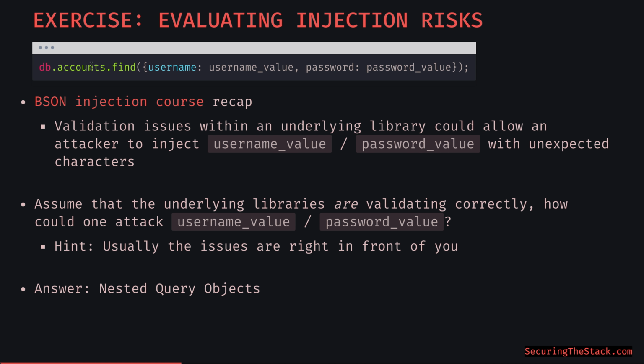So the answer here is nested query objects. We know that this is a query object, okay? So what if username value would accept another query object inside of it, as a nested query object? What would happen there? Imagine a nested query object that the user submits here and is inserted into password value, and imagine that query object returned true.